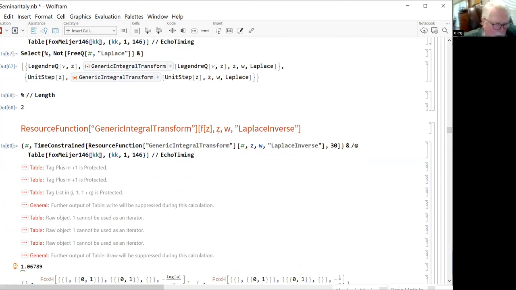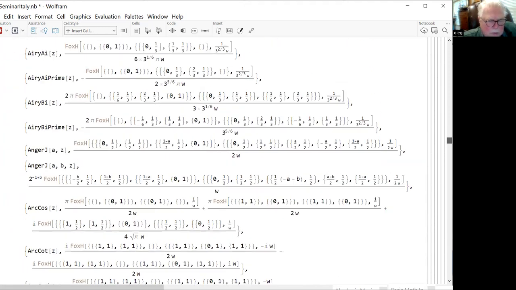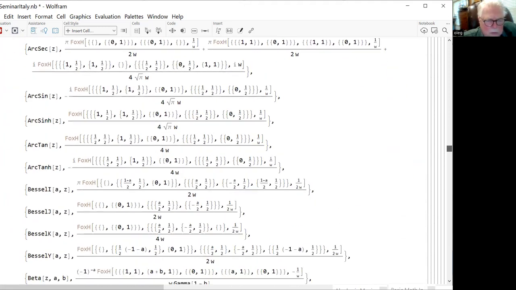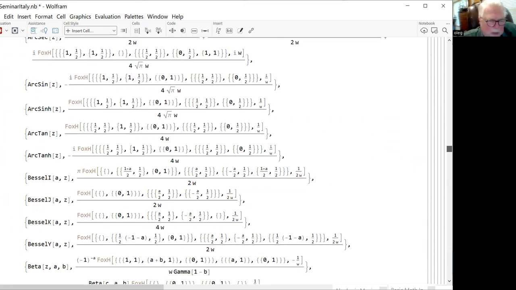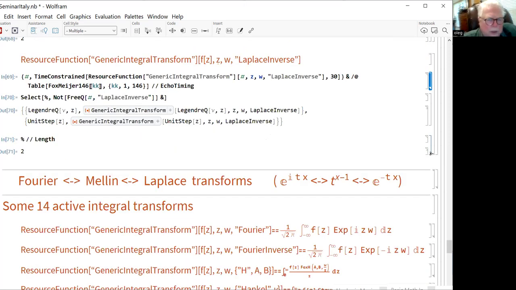You see, about 2 seconds, 146 examples. It is the inverse Laplace transform from which function? From this function, for example. About conditions of convergence, I omit this question right now.